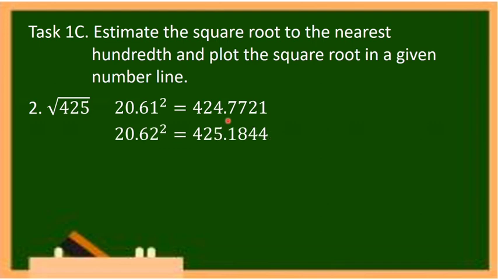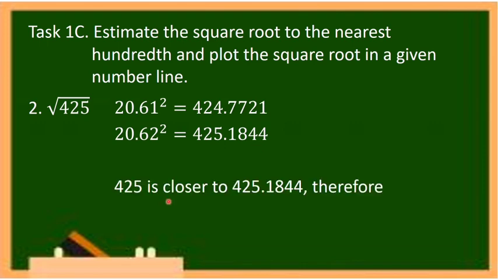We will have 20.62, and the square of 20.62, or 20.62 times 20.62, is equal to 425 and 1,844 ten thousandths. So 425 is closer to 425 and 1,844 ten thousandths. Therefore, the approximate square root of 425 is equal to 20 and 62 hundredths.